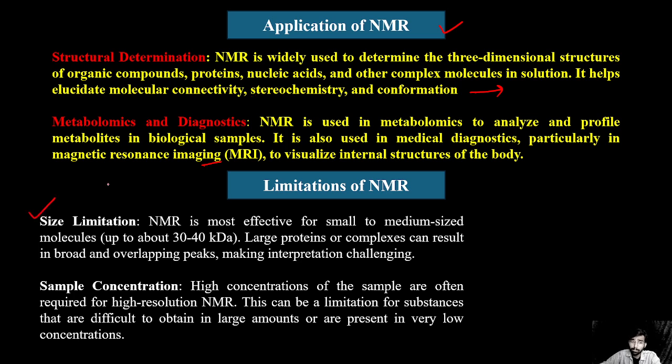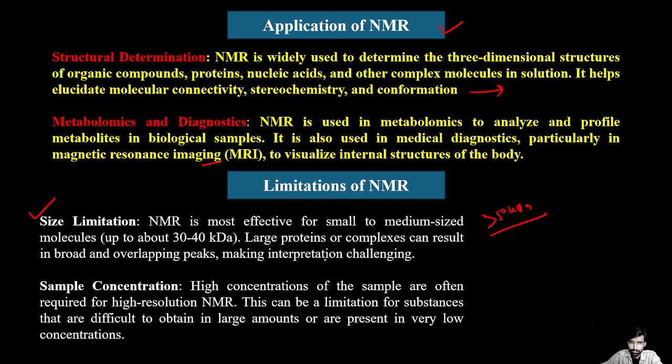But the limitation you should remember: for protein structure determination, NMR is effective only for small to medium proteins. If you take more than 50 kDa, it's quite huge for NMR, because you can get a better structure up to, suppose, 25 kDa.